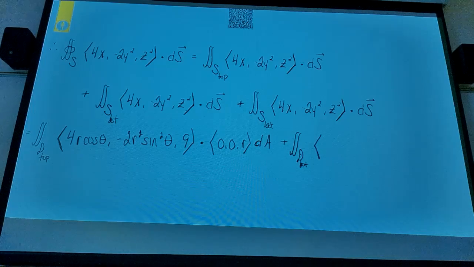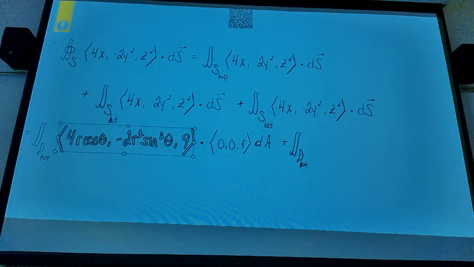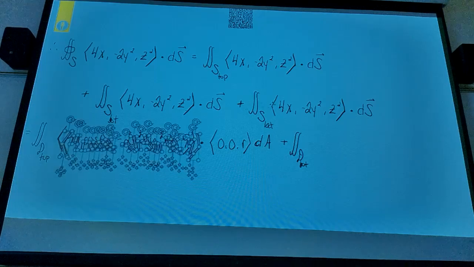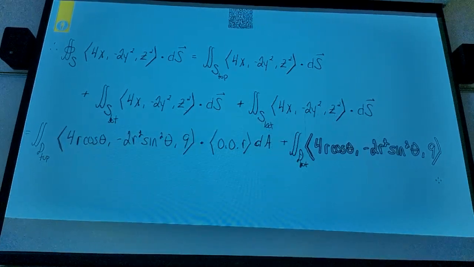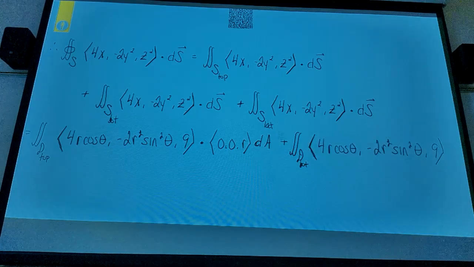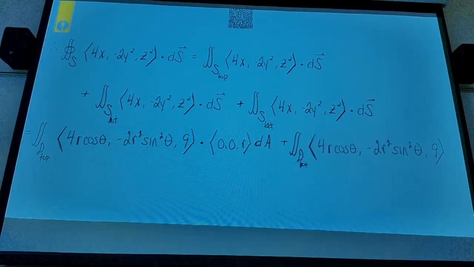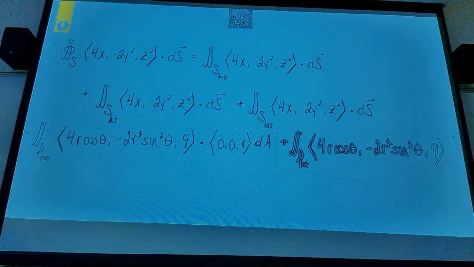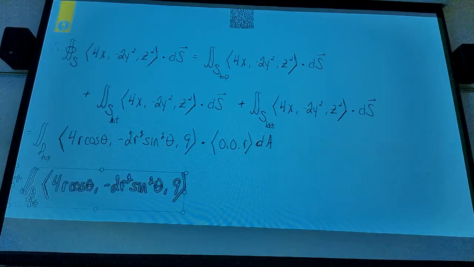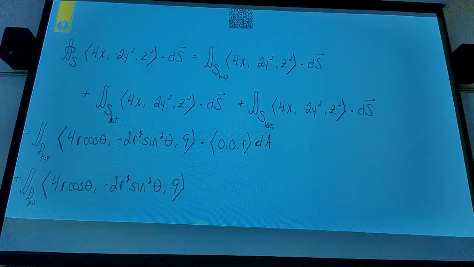Now for the bottom, the evaluation is the same except z is now 0.